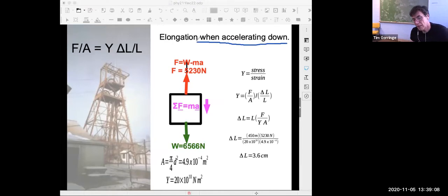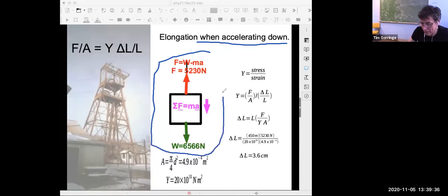So the downwards acceleration would be if we were in the elevator, we're near the bottom of the mine shaft, and we want to start going deeper into the mine shaft. So let me draw that picture here. Again, sorry about using a mouse today.